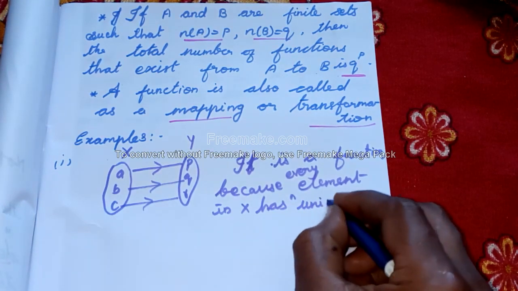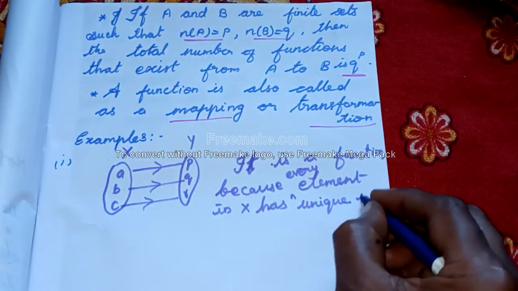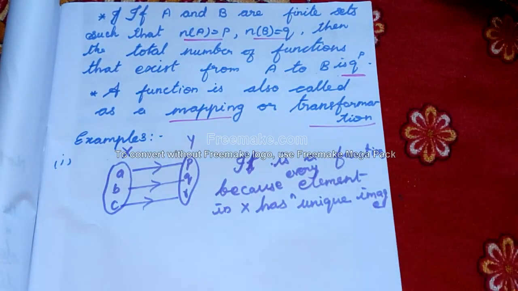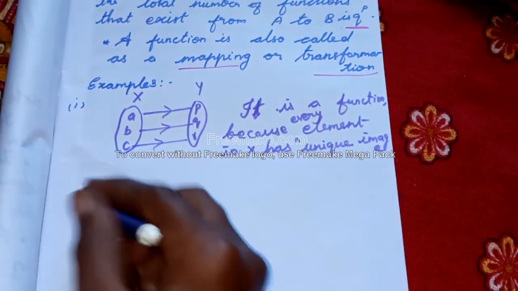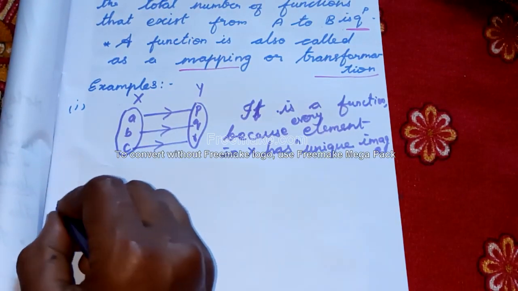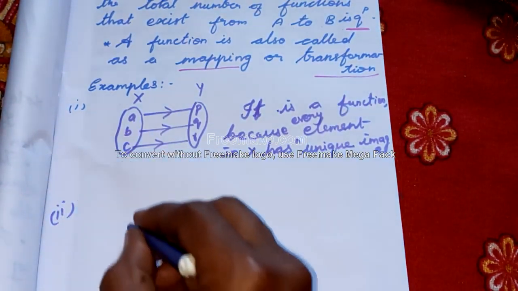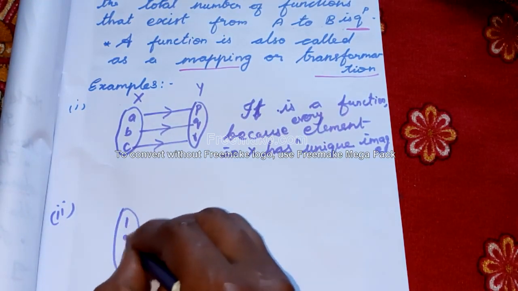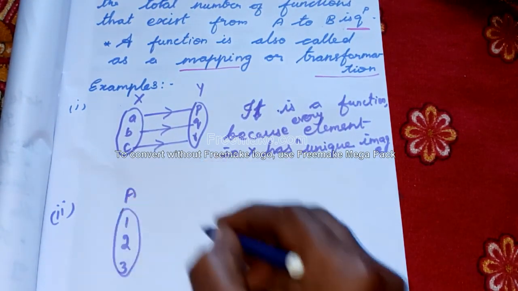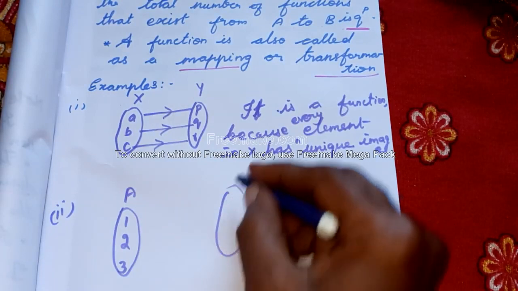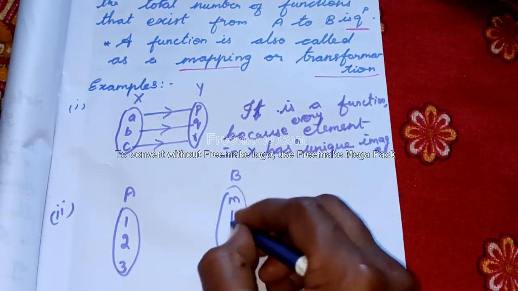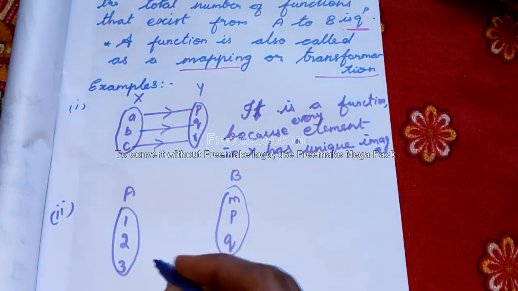Next, second example. 1, 2, 3 is set A. Next, set B is M, P, Q. The relation is (1, M), (2, Q), (3, Q).